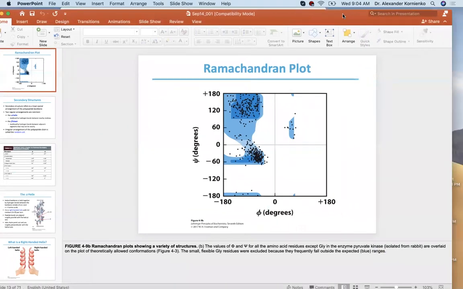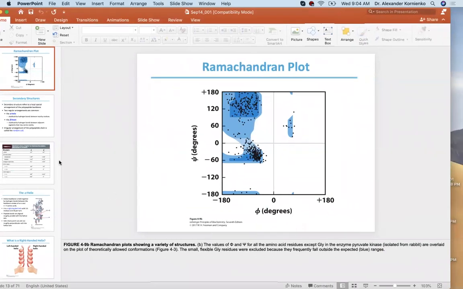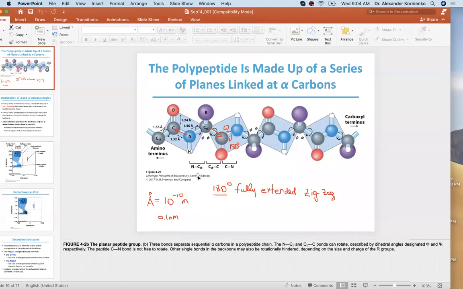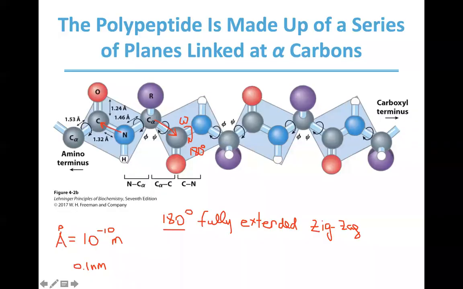So, the Ramachandran plot. Going back to the zigzag orientation of the peptide chain, we talked about the two dihedral angles, phi and psi, and about omega. Omega is always 180, in 99 point something percent of cases.